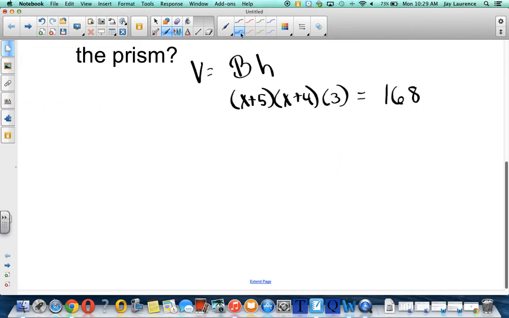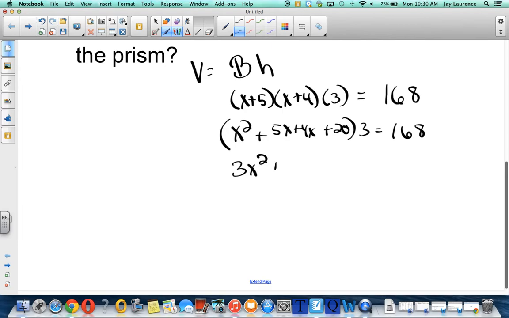So now I'm going to double distribute here, and I'm going to get an x squared plus 5x plus 4x plus 20, and then I'll have to distribute that 3. So I guess technically there's 3 distributions going on, but be that as it may, 3x squared plus 27x plus 60, right?